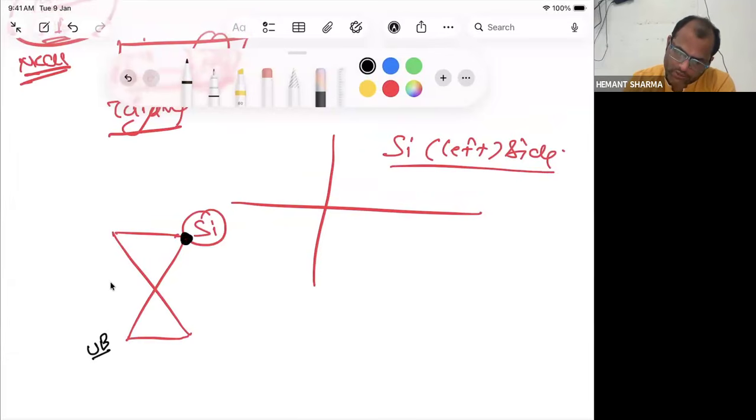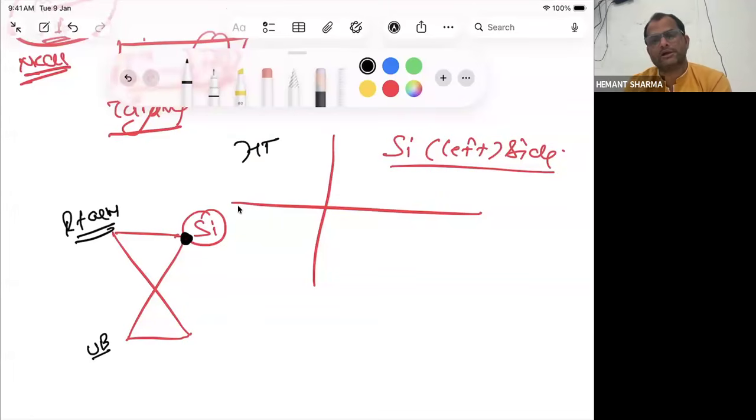The next point will be in the right arm. Who can balance the SI? Please tell me. Very good. Heart can balance the SI. So first I have taken the point in the SI, and second I have taken the point in the heart segment.